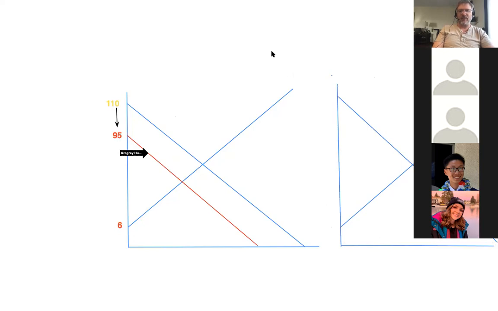But now, on Ricardo's side, we moved the supply curve up by 15. So we went from 6 to 21.